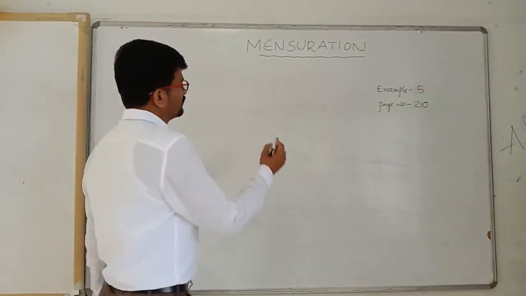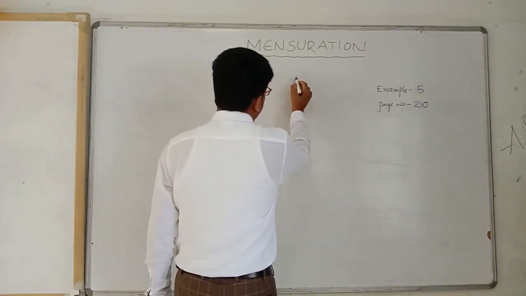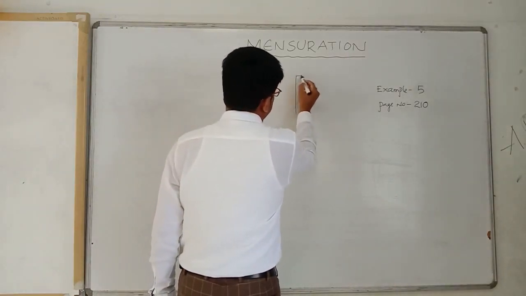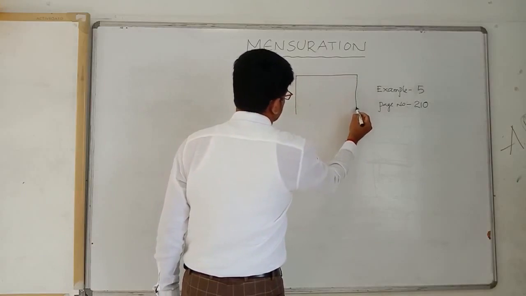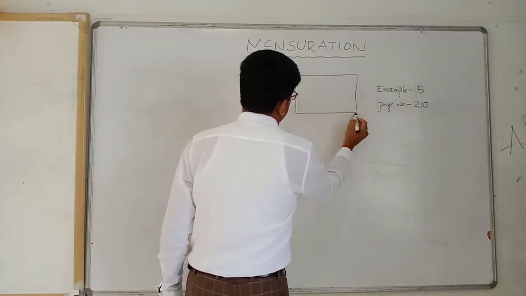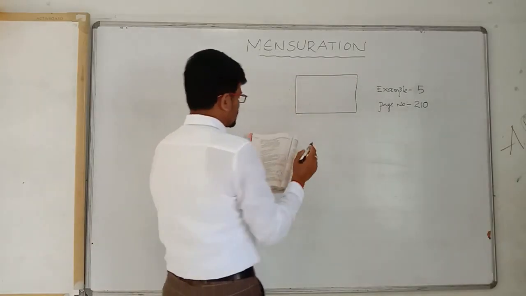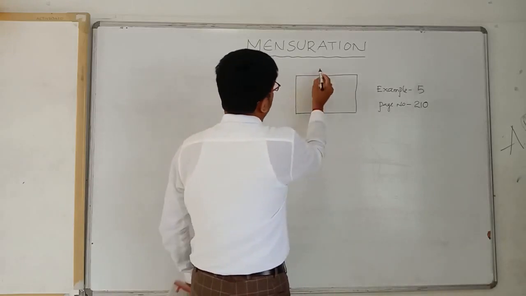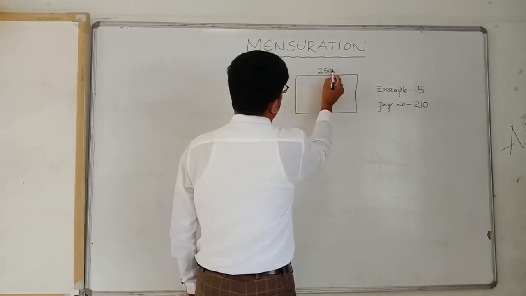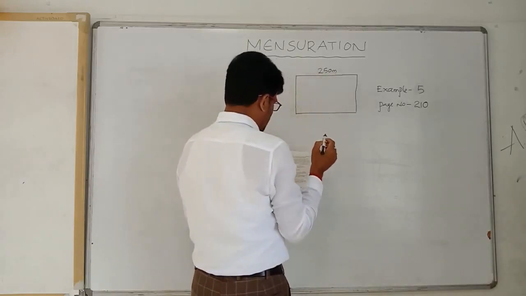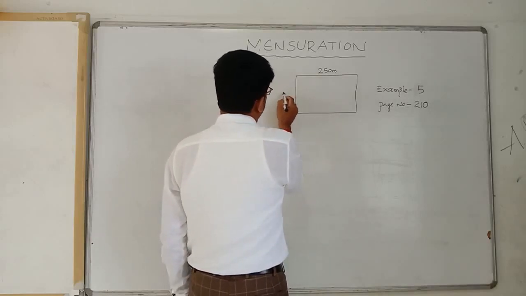Okay, now what is given? What is the length of this rectangular park? 250 meters. What is the breadth of the rectangular park? 175 meters.